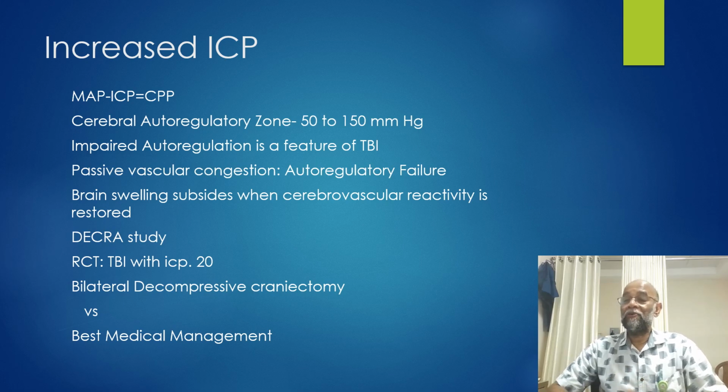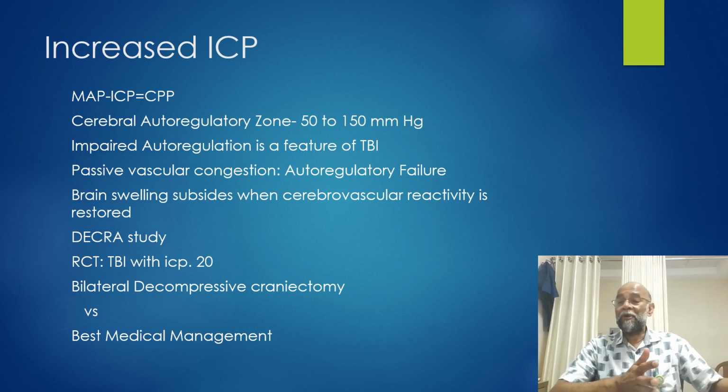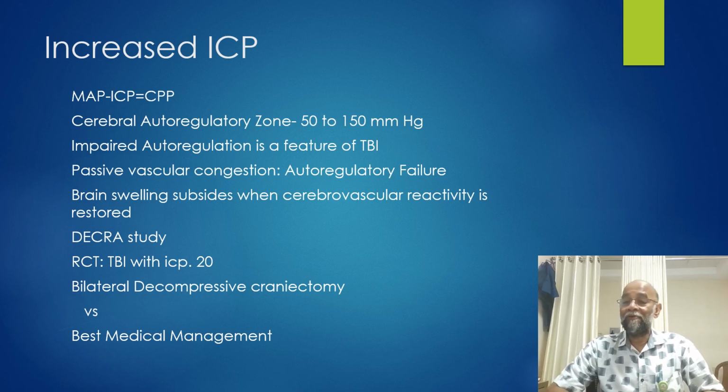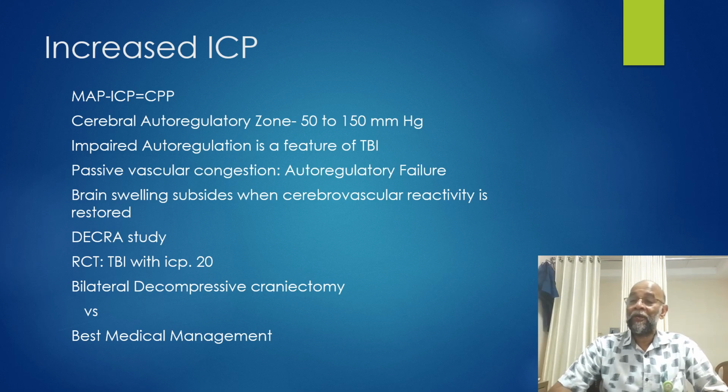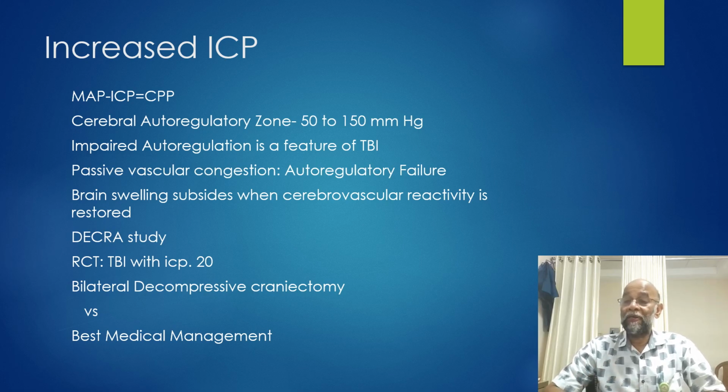This is the reason why you had this DECRA study in New Zealand, which randomized patients with increased ICP without mass lesions, which obviously would require surgical evacuation, into two groups: best medical management, and bilateral decompressive craniectomy when the ICP was not controlled, and for them the control was 20 millimeters of mercury by medical means.